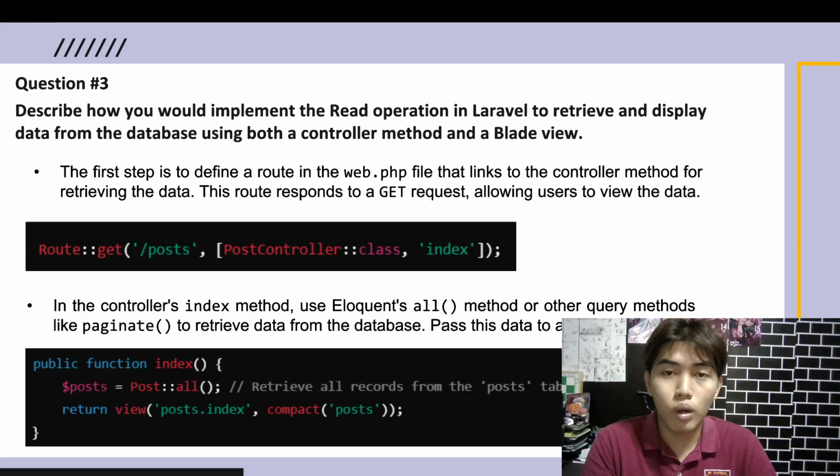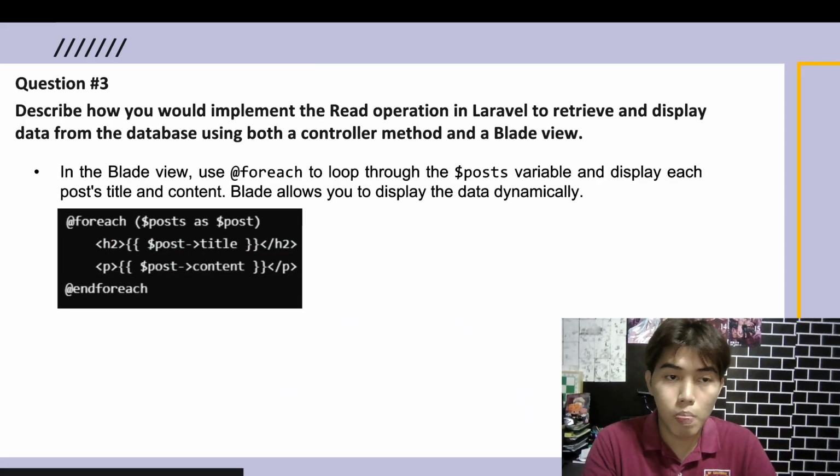Pass this data to a blade view. In the blade view, use foreach to loop through the $posts variable and display each post title and content. Blade allows you to display the data dynamically.